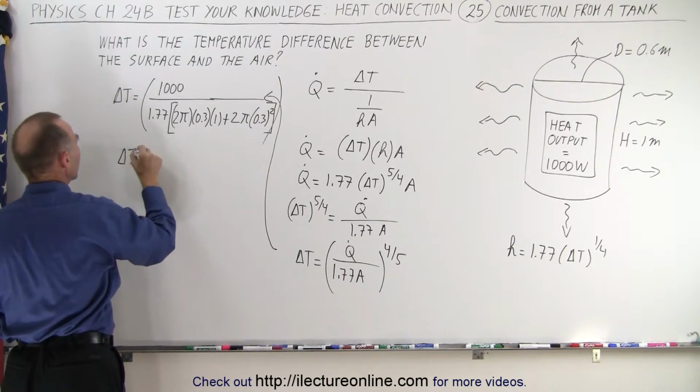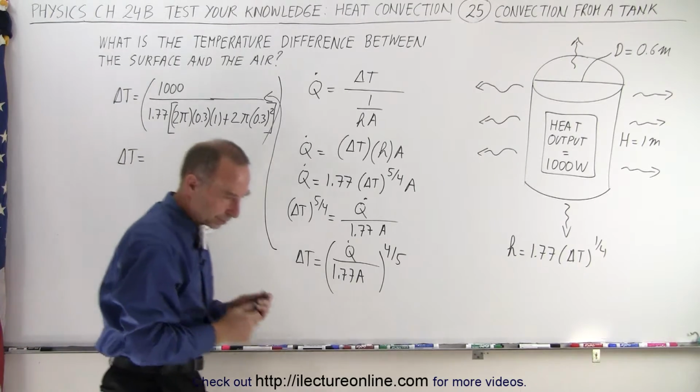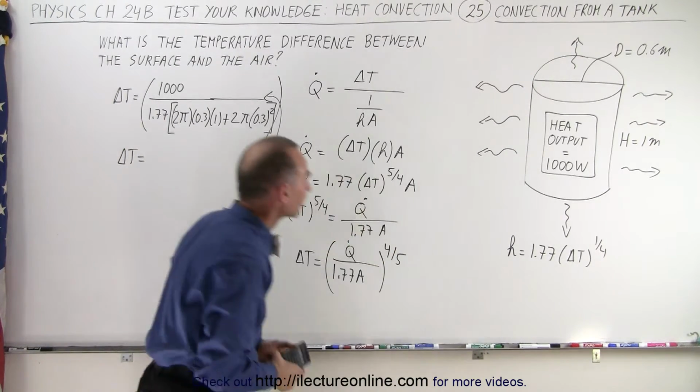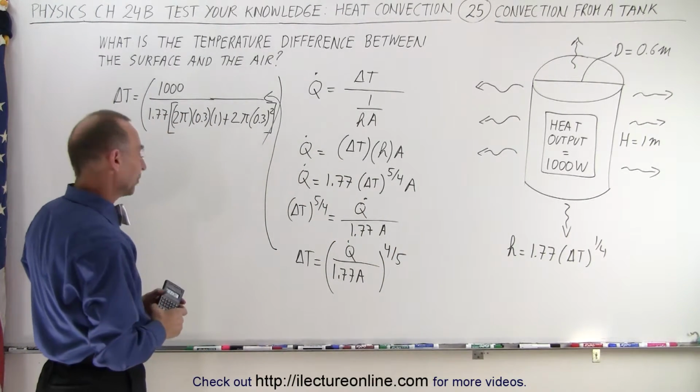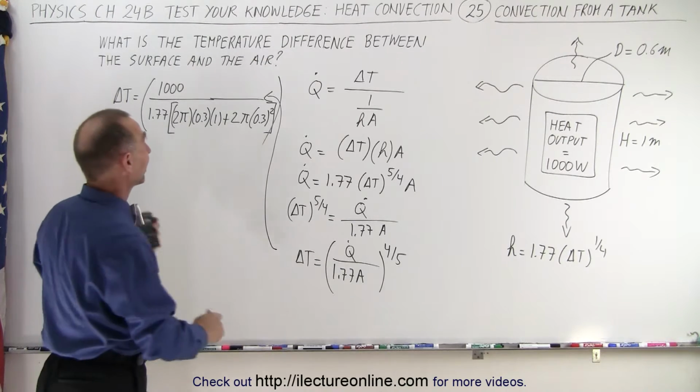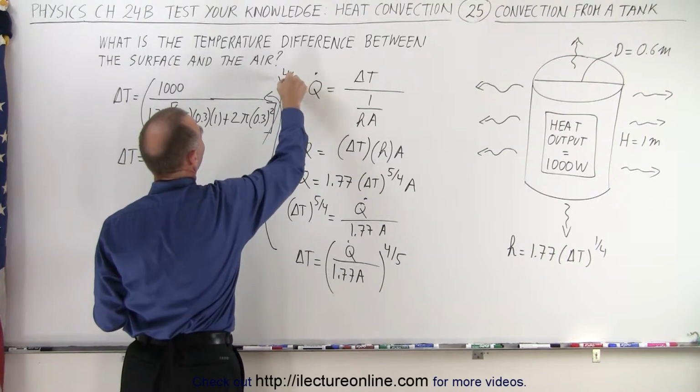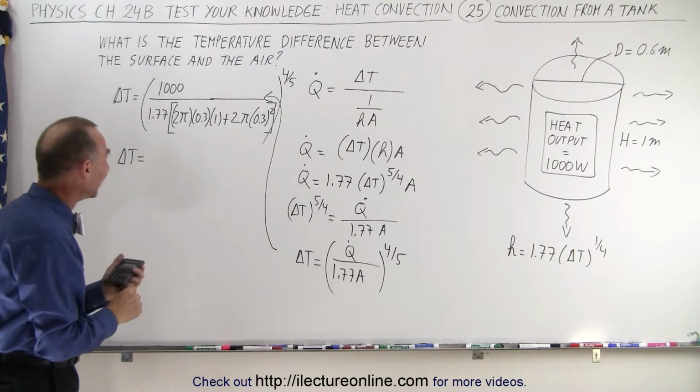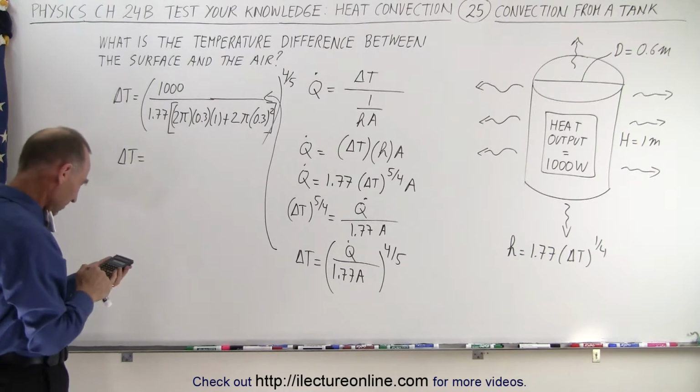So delta T is going to be equal to, oh, I'm forgetting something, 4/5 power. That's right. Thank you. 4/5 power. Okay. All right.